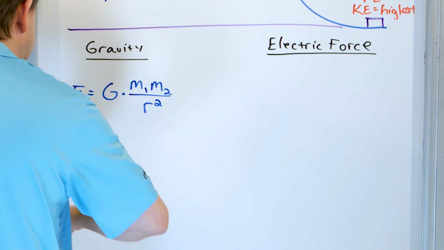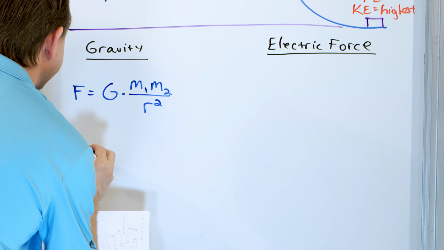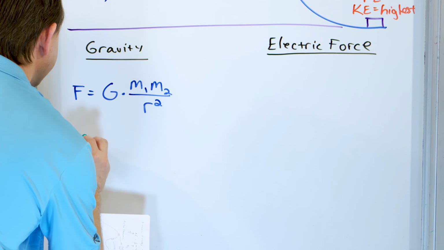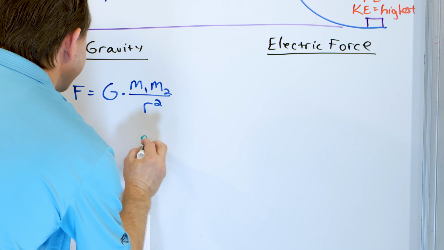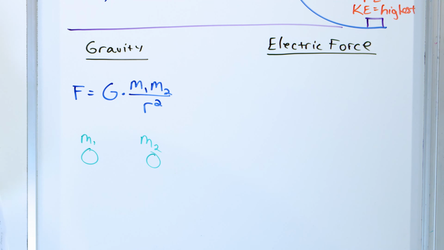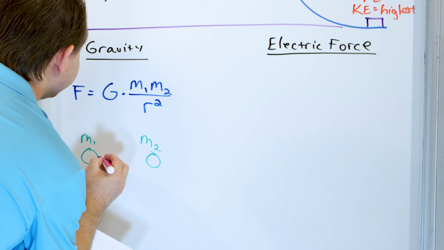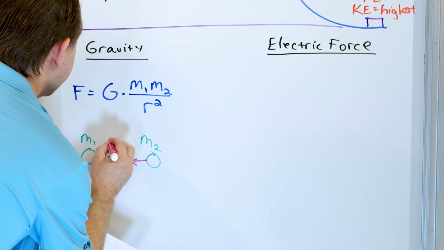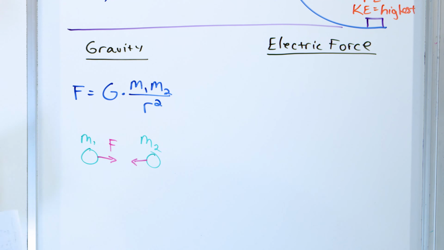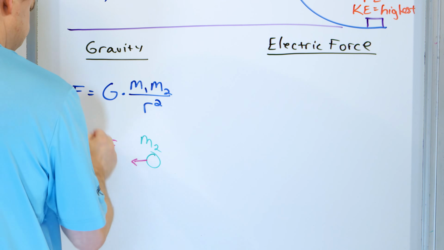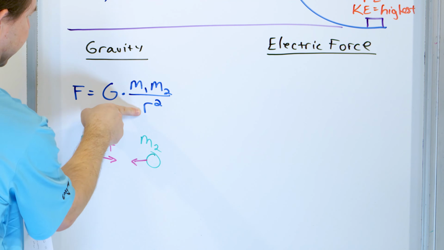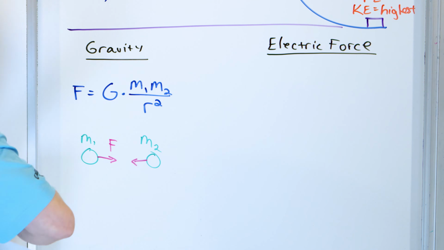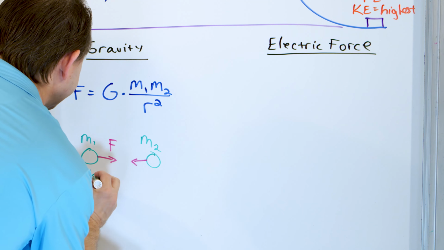So if I have two objects here, m1 and m2, it depends on the masses of the objects, and gravity is always attractive. So there's going to be some mutually attractive force called F between them. And it depends on the distance between them, which I have labeled here as R.